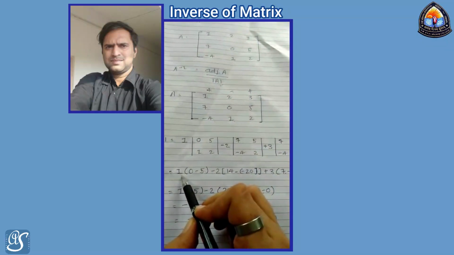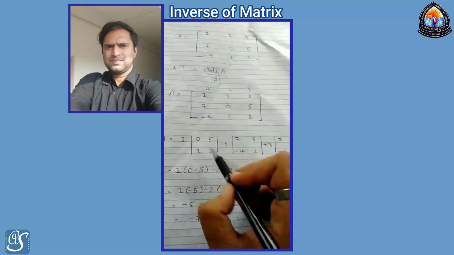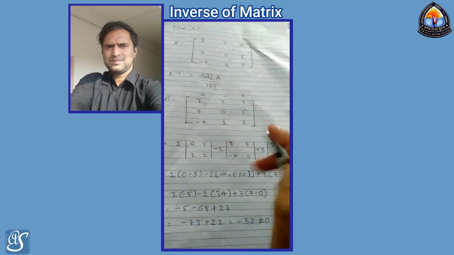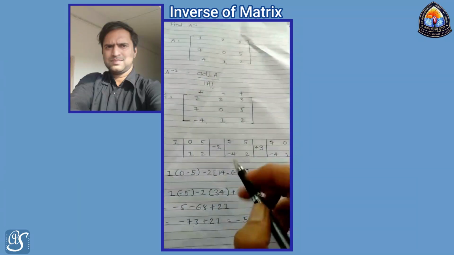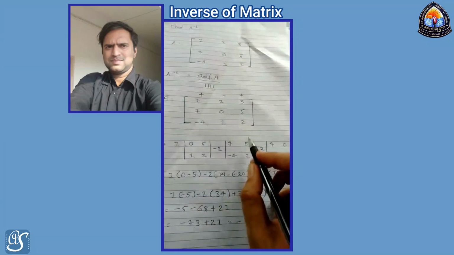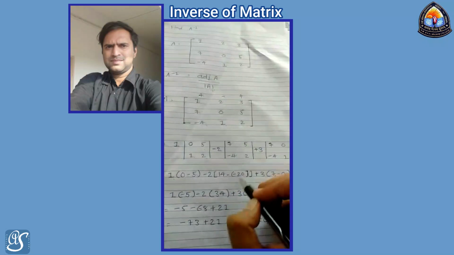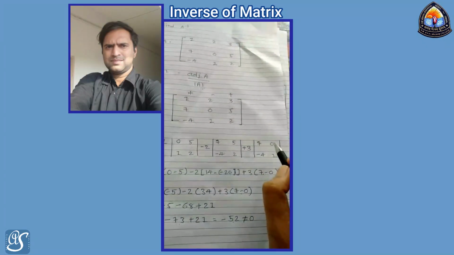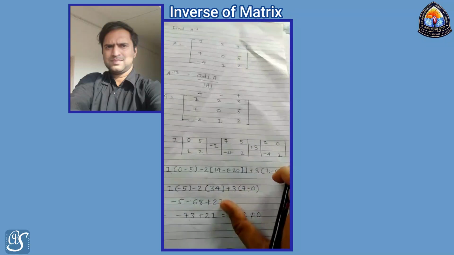So determinant A is equal to 1 into bracket (0 into 2, 0, minus 5 into 1, 5), minus 2 into bracket (7 into 2, 14, minus bracket -4 into 5, -20), plus 3 into bracket (7 into 1, 7, minus -4 into 0, 0).